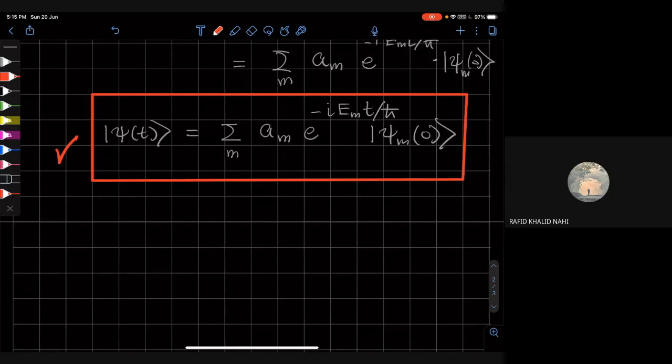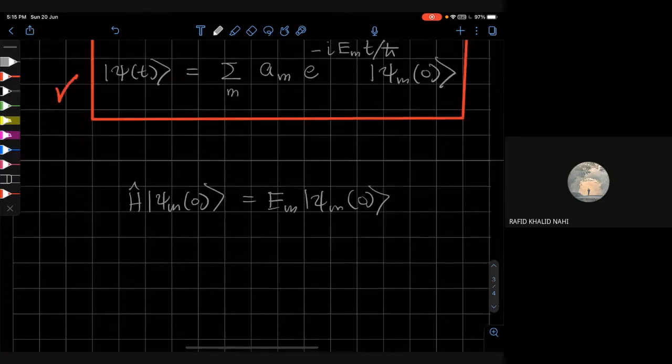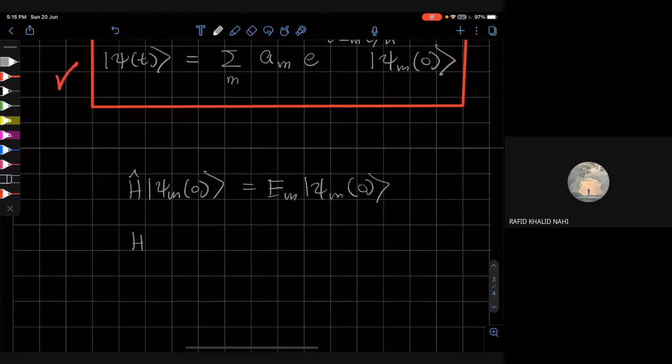And before we do that, let's just observe this thing. If H acts on, say, psi_m, we get E_m psi_m(0), right? If I apply H again on this equation, I get on the left-hand side H squared acting on psi_m, but this thing is just a number, so H will commute with this.